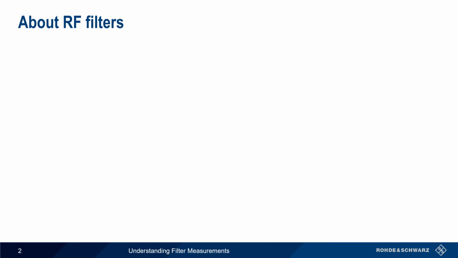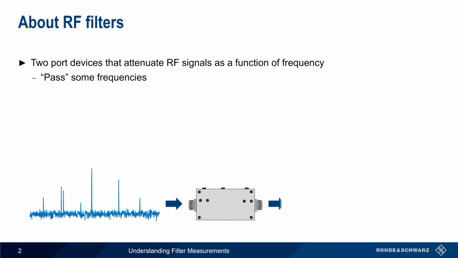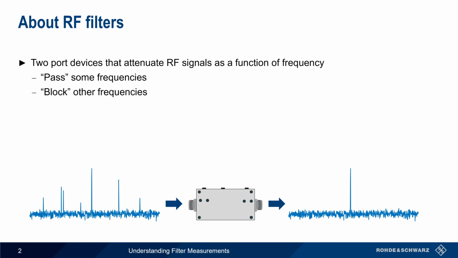Let's start with a general description of a filter. Radio frequency filters are two-port devices that attenuate the power of RF signals passing through them as a function of frequency. Even though this attenuation is never perfect, filters are commonly described as passing certain frequencies and blocking or stopping other frequencies.